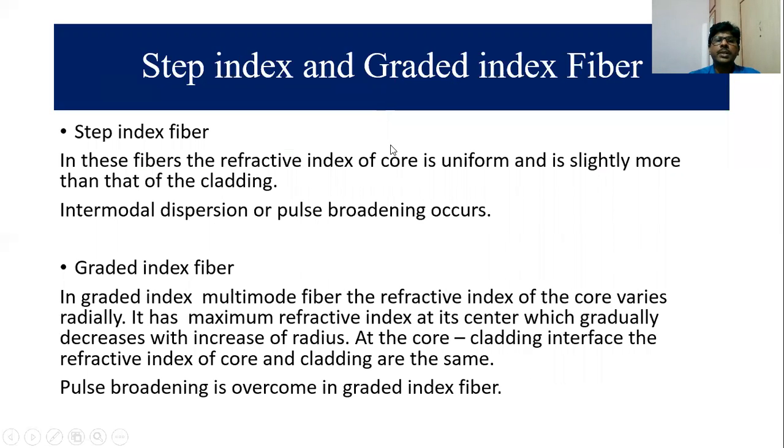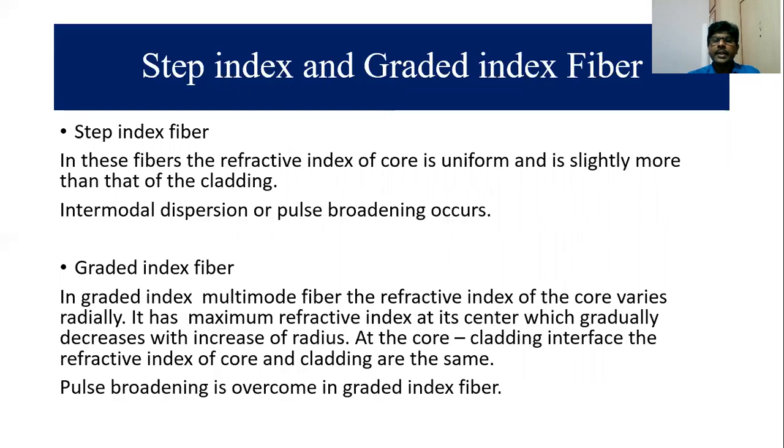Next, we can see what is a step index and a graded index fiber. Step index fiber: in these fibers, the refractive index of core is uniform and is slightly more than that of the cladding. Intermodal dispersion or pulse broadening occurs. What about graded index fiber? In graded index multimode fiber, the refractive index of the core varies radially. It has maximum refractive index at its center, which gradually decreases with increase of radius.